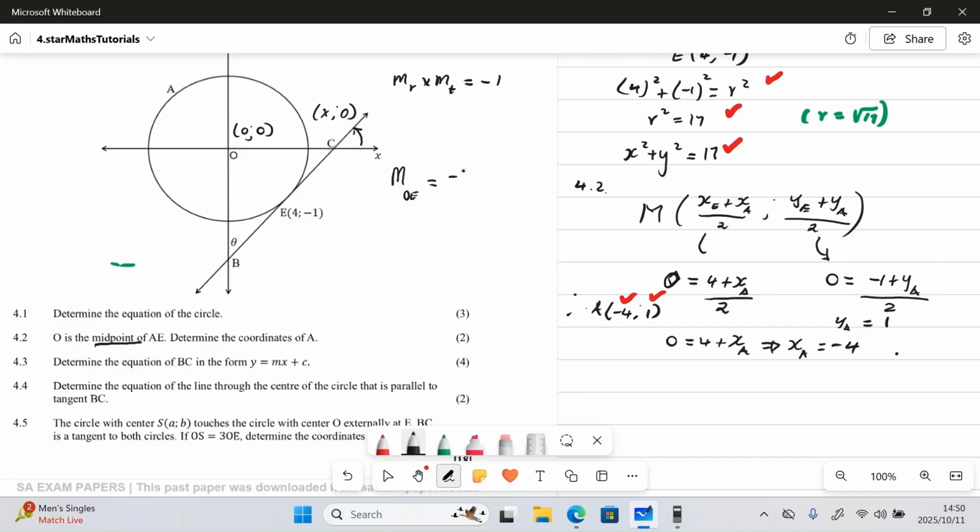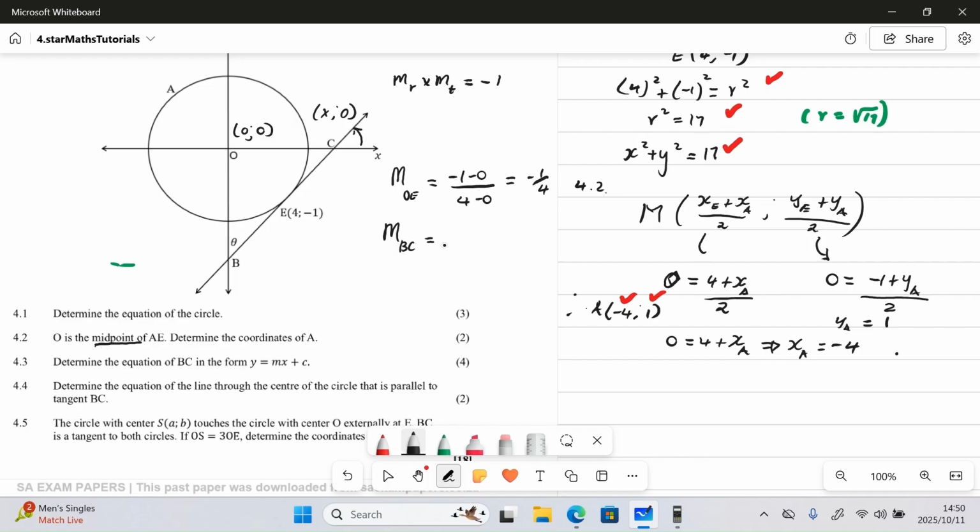So we'll be having -1 minus 0 over 4 minus 0. Then the gradient is how much? That is -1 over 4. But we are really not looking for the gradient of OE. We're actually looking for the gradient of BC.